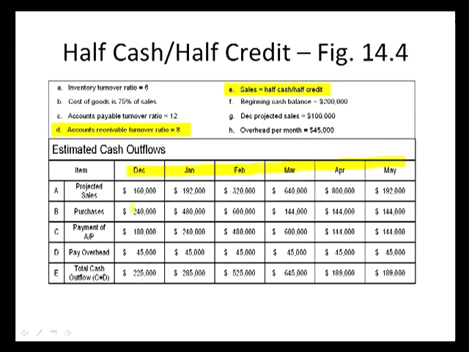This means we pay our bills 30 days after we got them. So now we know that the things we bought in December are paid for in January. The overhead, the heat, the light, the rent, is paid in the month in which it's incurred, so there is no time delay. The two things we will be writing checks for each month are overhead and accounts payable. That is where we come up with the total that you find in line E.